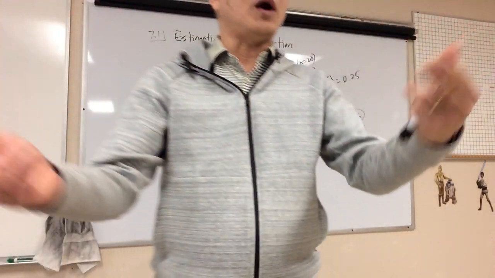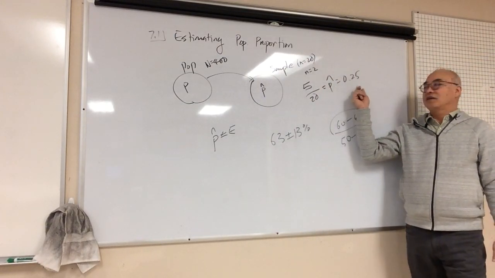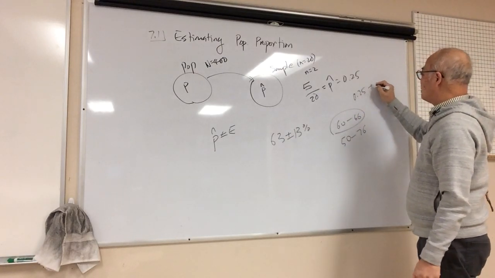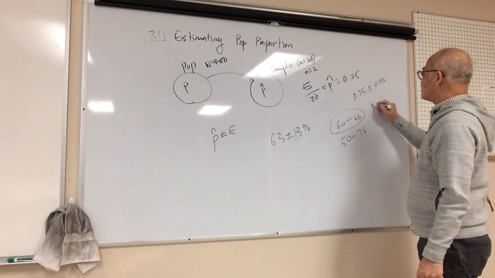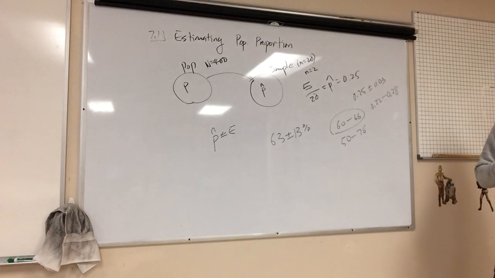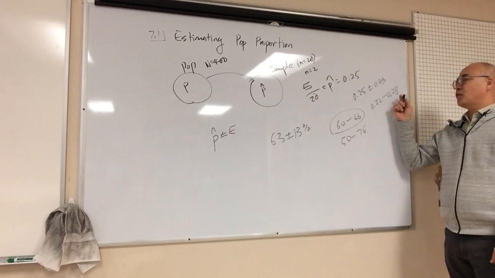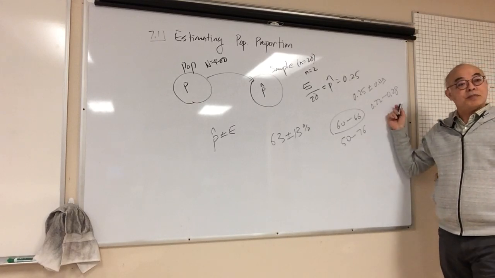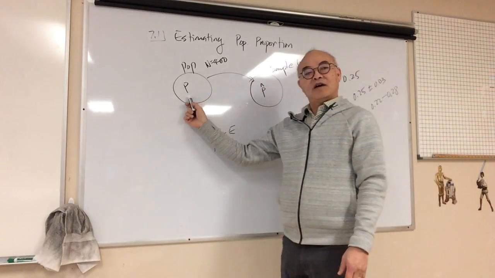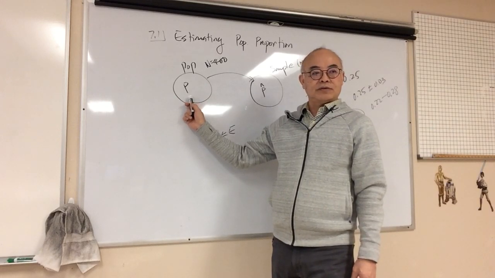All right, so in our case, it would be what? It would be, we are 95% confident that, right? Let's say that our interval was plus or minus 3%, so this is our confidence interval. So we are 95% confident that the interval of 0.22 to 0.28 or 22% to 28% contains the true proportion of students with blue eyes at Blanchette Catholic High School.